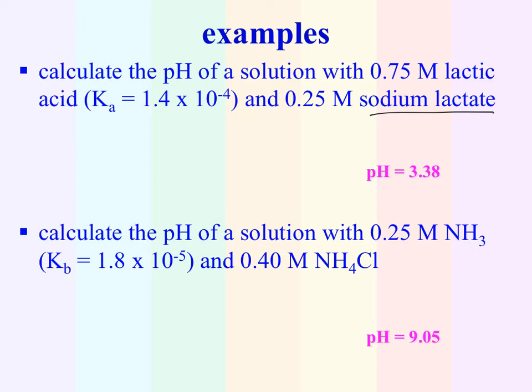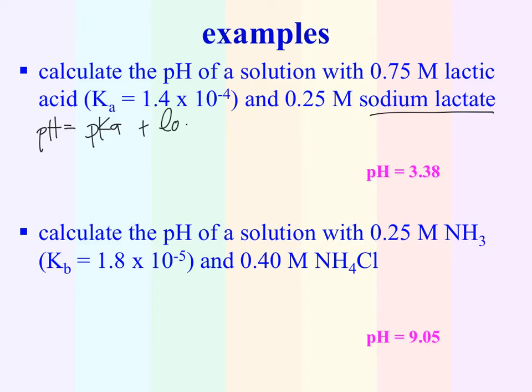Lactic acid is a weak acid, so we can utilize this to calculate the pH of our solution. Obviously we could plug this all into our ICE tables and use our Ka value to solve for X and subsequently solve for pH.